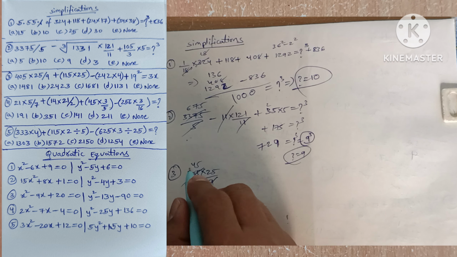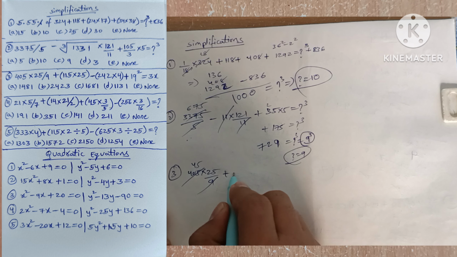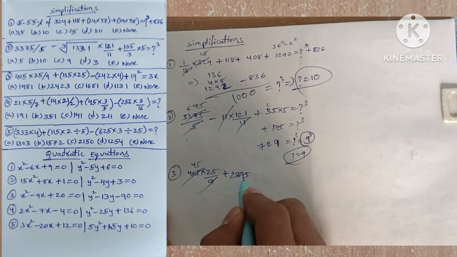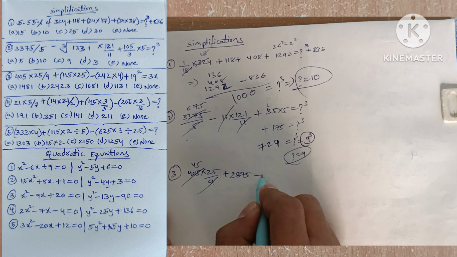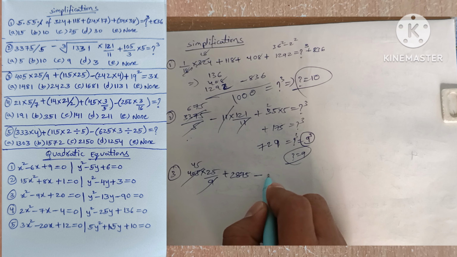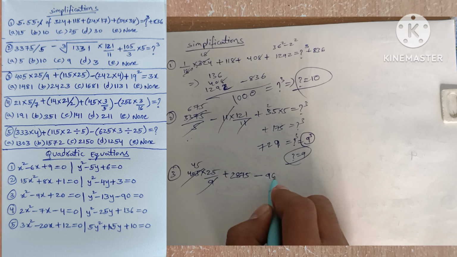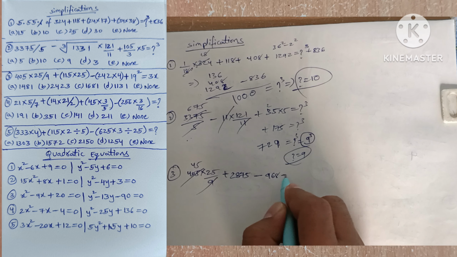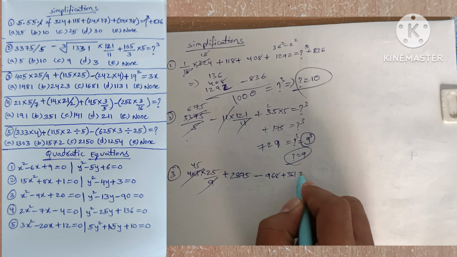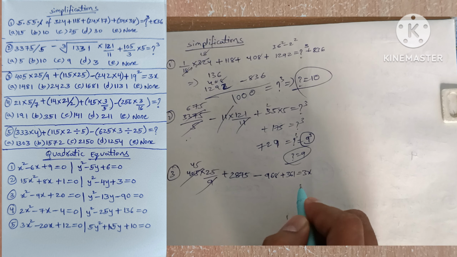45 times plus 115 into 25 5 7 8 2 minus 19 square minus 242 into 4. 242 into 4 is 968 plus 19 square 361 equals to 3x.